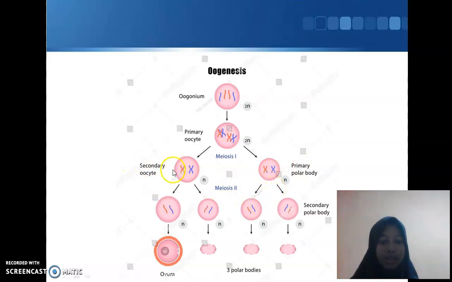The secondary oocyte begins meiosis 2, and in meiosis 2 the secondary oocyte is haploid, and then the ovum is haploid, and there are three polar bodies.